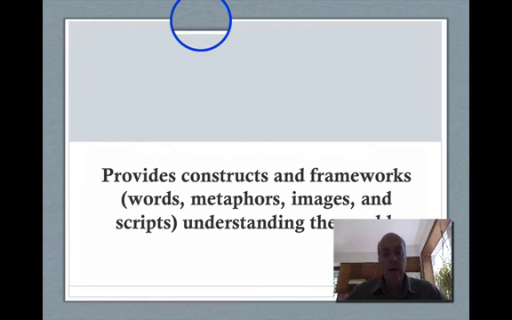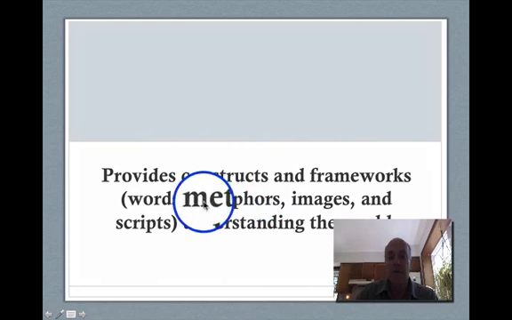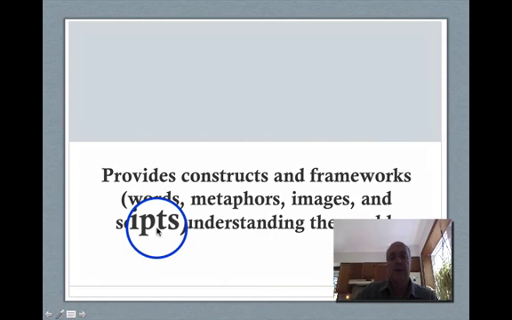By reading, you acquire constructs and frameworks for understanding the world. So you learn vocabulary. You learn about metaphors, images, or imagery, and scripts, or templates for how to write a description, a lab report, an analysis, and so on.